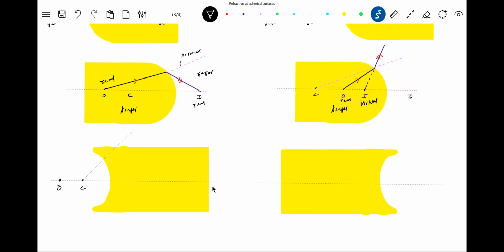Now the incident ray moves from rarer to denser. So what should happen to the ray? It should bend towards the normal. Okay, this is the image.